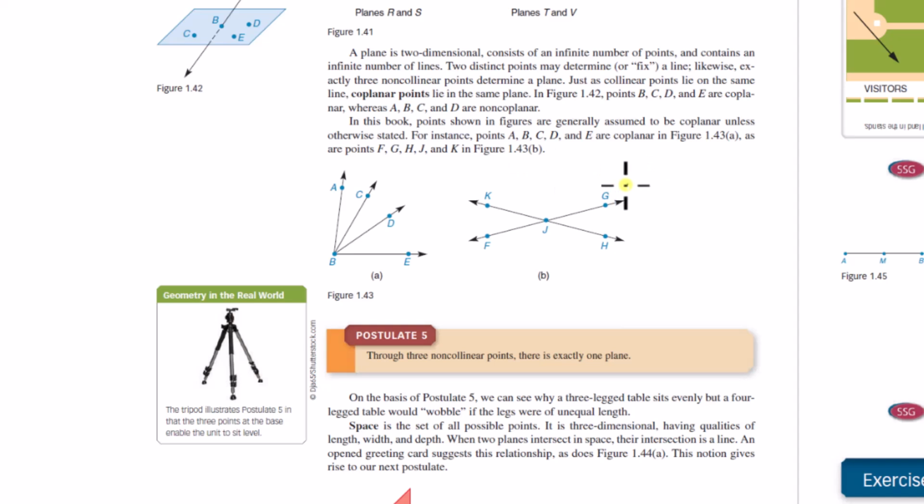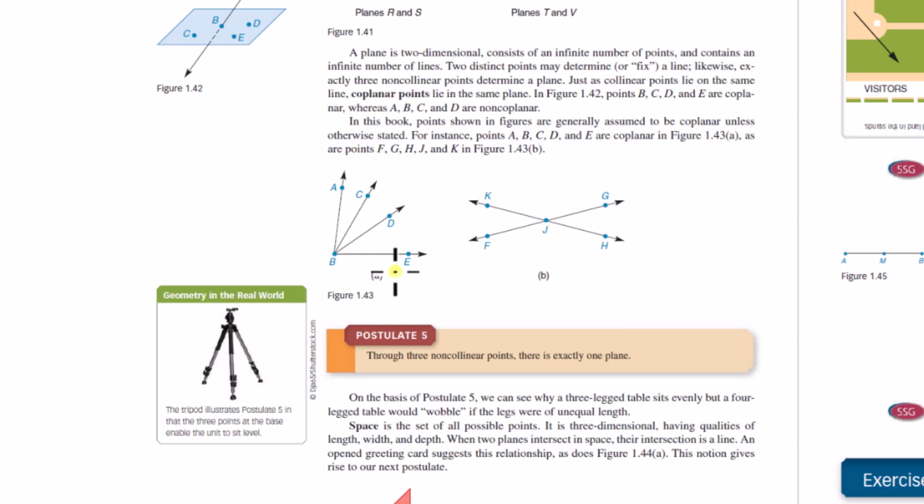Yeah, so we're going to be doing a lot of work in planes with triangles, polygons, parallel lines. So what they're saying is that for the most part, we're going to be working in planes. And so unless it's clearly stated otherwise, we can assume that we're working in a plane.